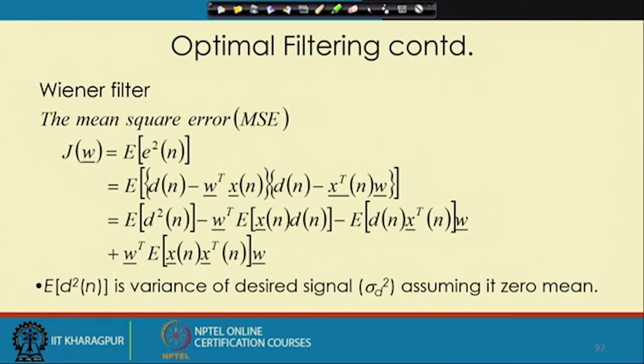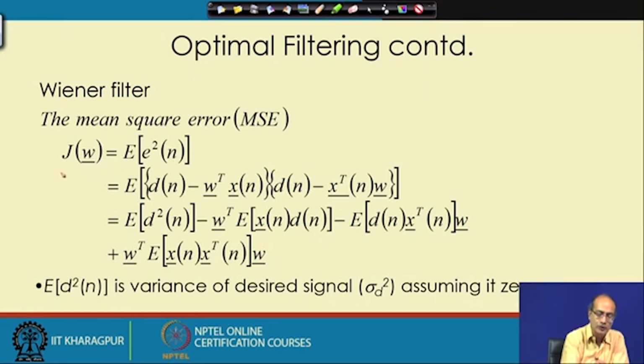So, here we define our objective function as J of w. That means this objective function is a function of the weights. Only these weights are in our hand to control. All the other things, the input signal that we observe, the kind of signal we have chosen, the noise and the desired signal, are not in our control.